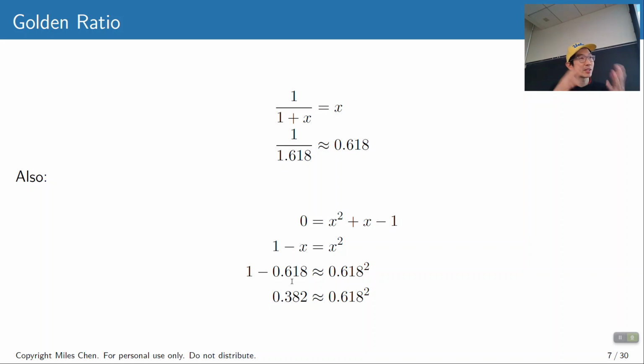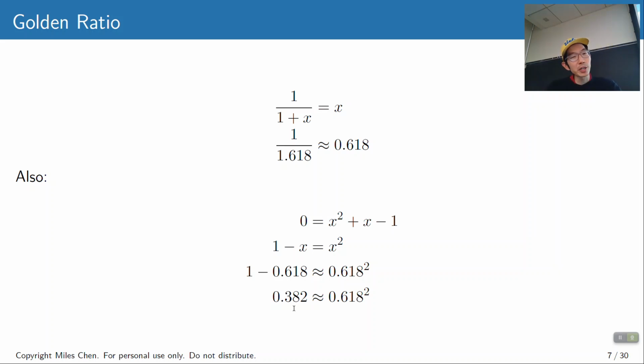So there's this interesting property of the golden ratio that if you take this quantity and square it, you also get 1 minus that. And golden section search takes advantage of this property so that we can reuse our values in searching for a minimum.